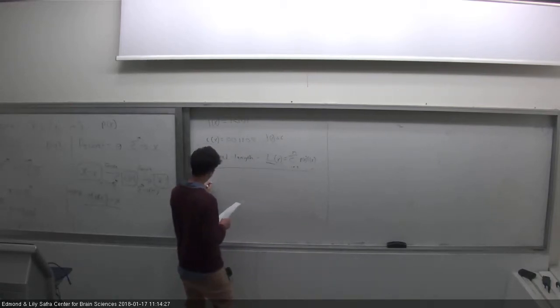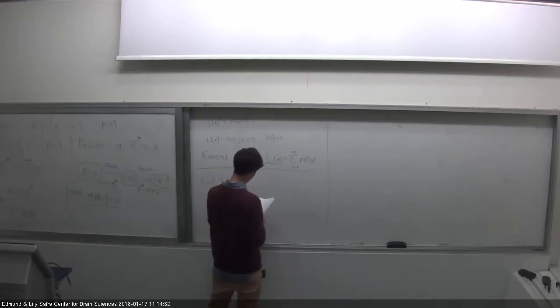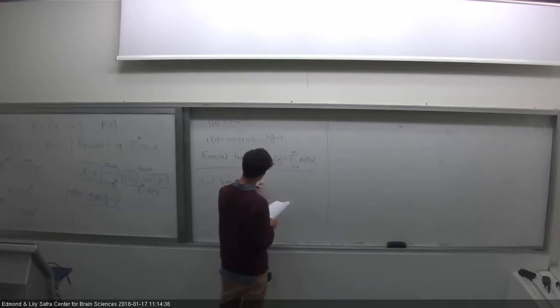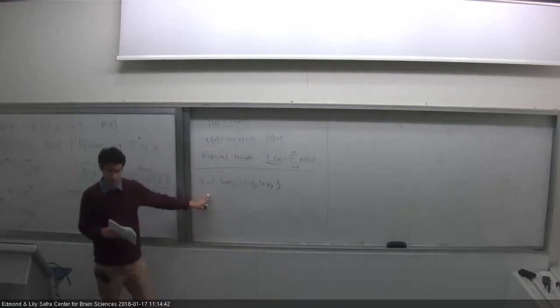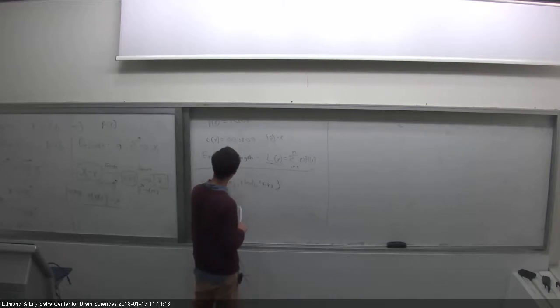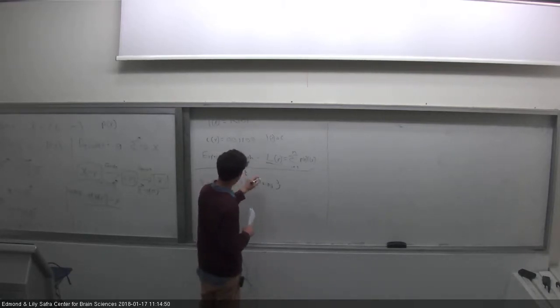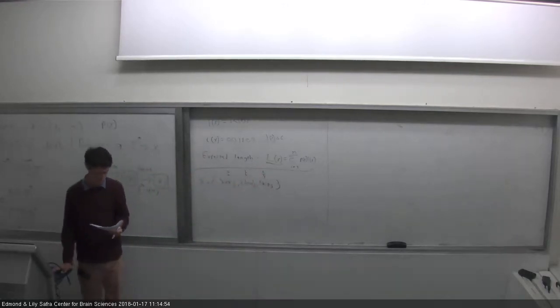So the message is sunny, cloudy, or rainy, and the probabilities are 1/2, 1/4 and 1/4. Okay?